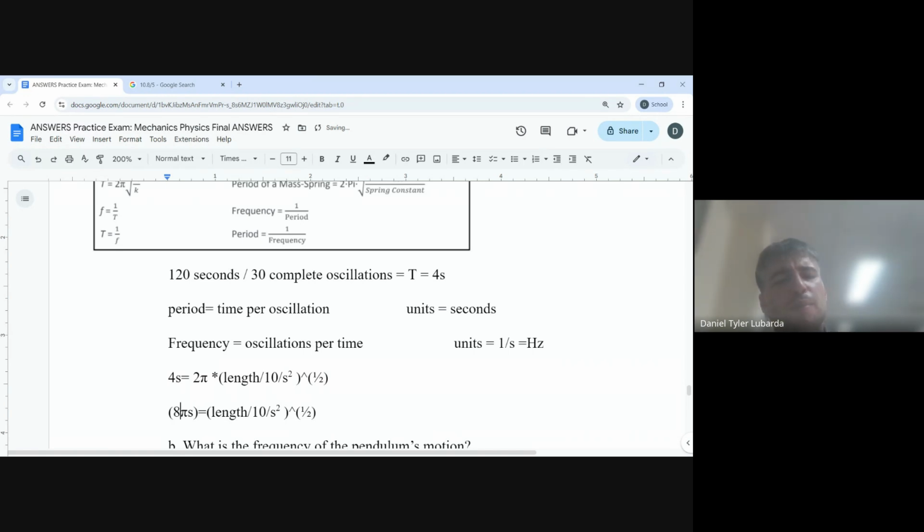So let's square both sides. If we square both sides, that gets rid of this right here. And we can divide both sides by 10.